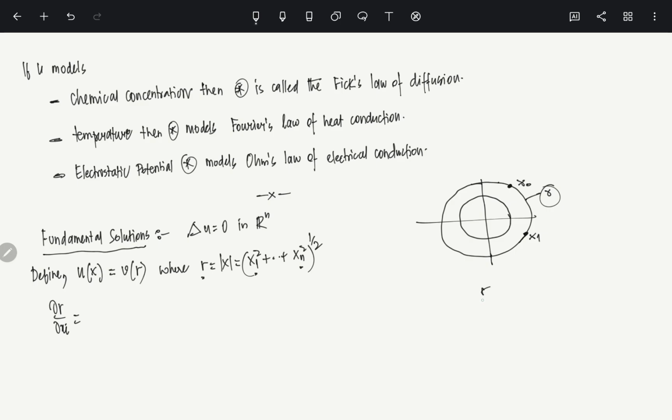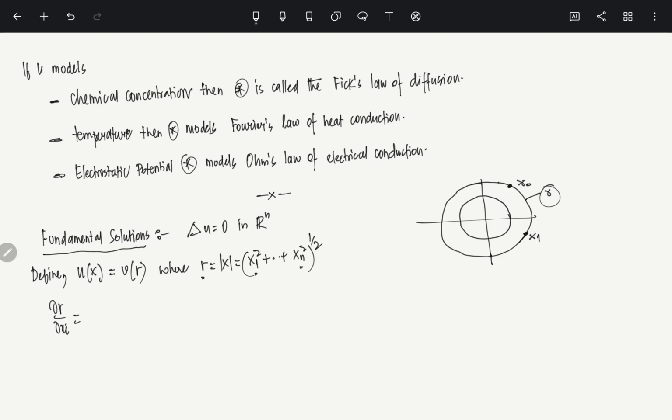If x1, x2, ..., xn change, r also changes. So if I change one particular variable, r is also going to change.